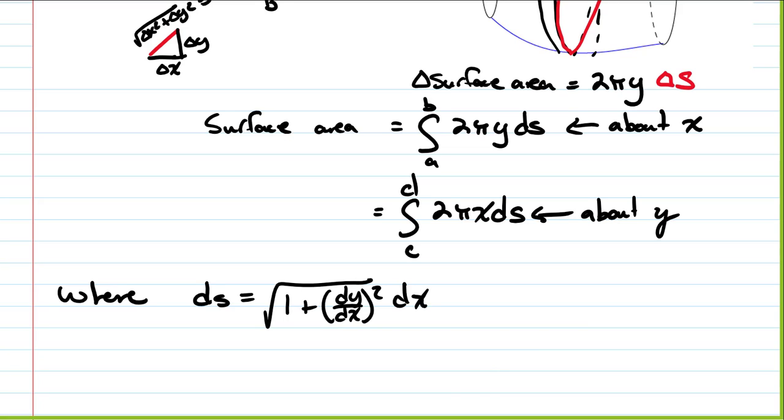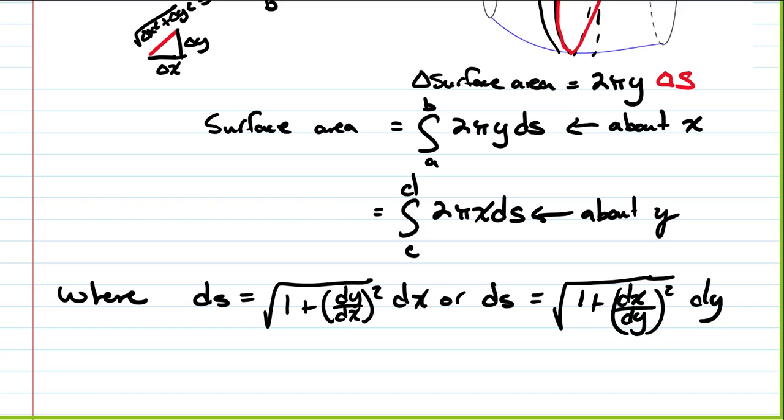Or if you factor out the delta y squared, you get ds is the square root of 1 plus dx/dy squared, dy. And we use the appropriate one depending on which our variable of integration is going to be.